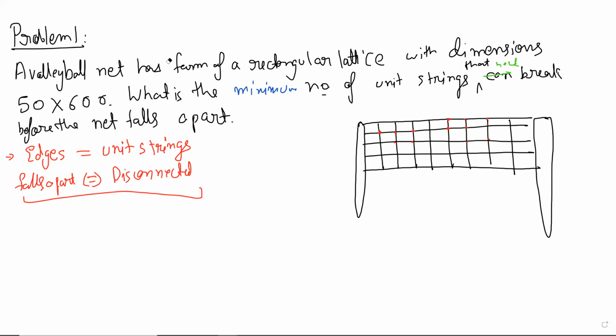Yes, absolutely. That's right, only one is enough. If you remove this, then this is quite a useless net, right? And it's disconnected from our perspective, right? So one is enough, not even two. So the minimum is one.